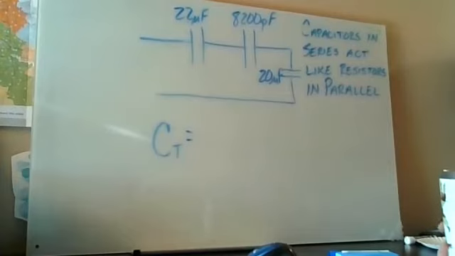Jason, since you got this, you tell me what you got. Holy crap. I got 8.194 microfarads. Try again.